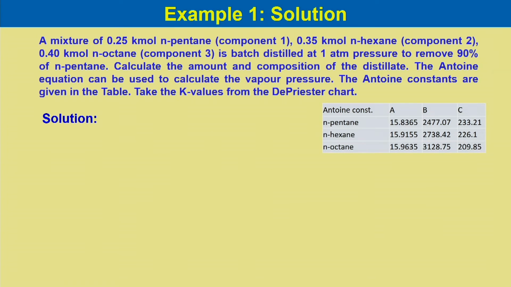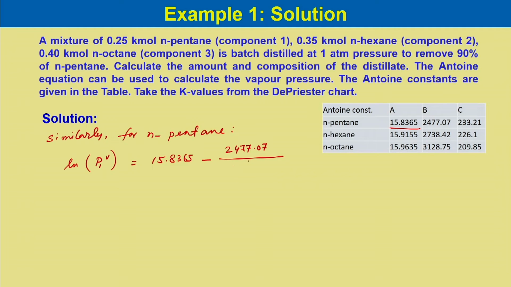Now, similarly, for n-pentane we can obtain the vapor pressure, that is ln P1V would be equal to 15.8365 minus 2477.07 divided by 233.21 plus 68.8, which we have obtained for the reference component.